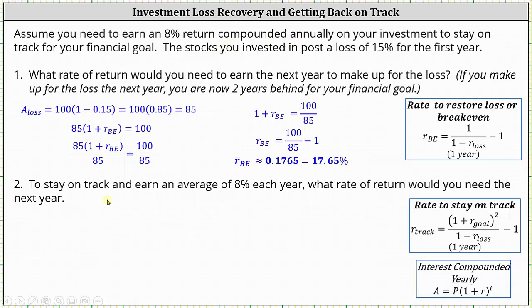To stay on track and earn an average of 8% each year, what rate of return would you need the next year? The first step is to determine what the amount should have been after 2 years of earning 8% interest compounded annually.